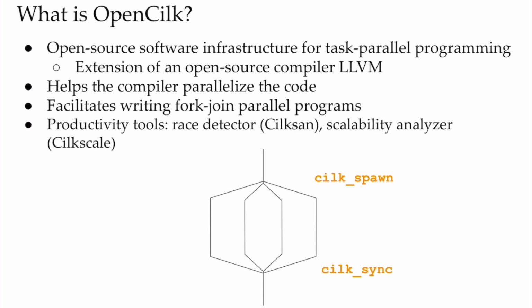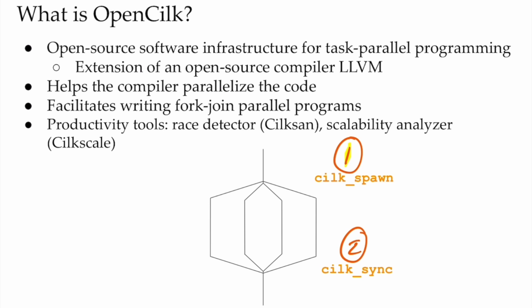Let's begin with an overview of what OpenCilk is and how it can help us with this task of parallel programming on our multi-core processors. OpenCilk is an open source software infrastructure for task parallel programming, which was built on top of a pre-existing open source compiler called LLVM. It specifically facilitates the writing of fork-join parallel programs. Everything basically hinges on two functions, cilk_spawn and cilk_sync.